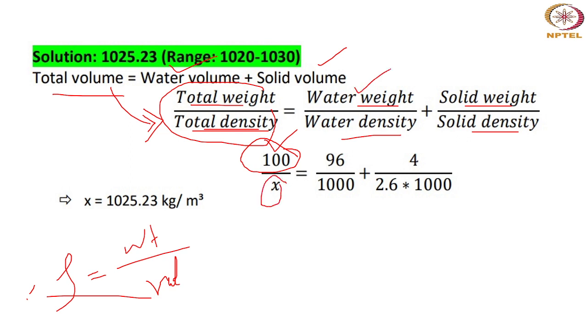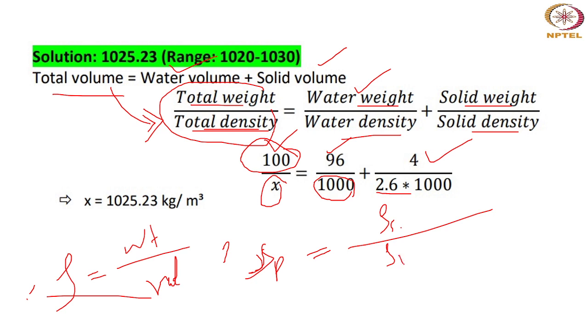Then what is the water weight or water percentage? It is 96. Suppose there is 100 kg of sludge, then 96 kg will be from the water and 4% is solid, so 4 kg will be from the solid, and this is the water density, 1000 kg per meter cube. And if specific gravity is given, this is the density of the solid by density of water.